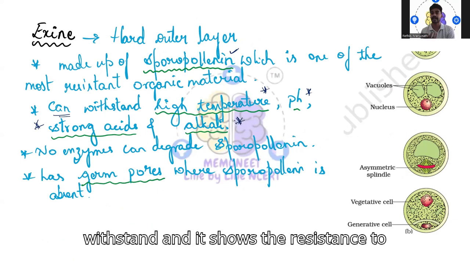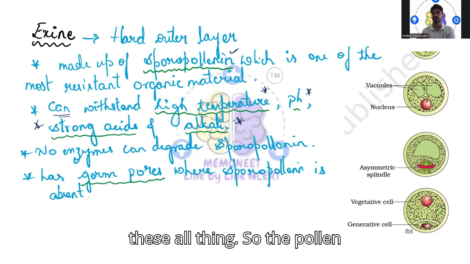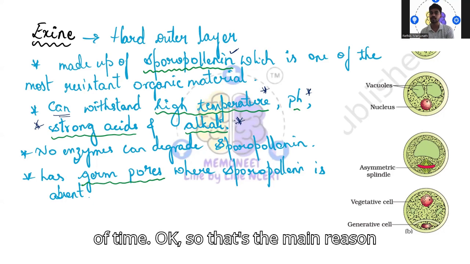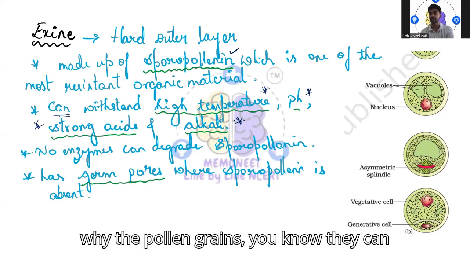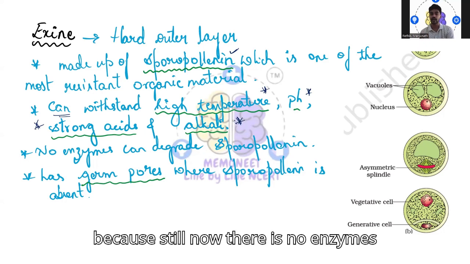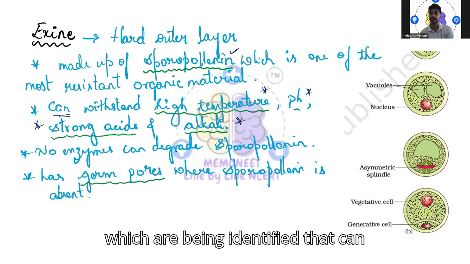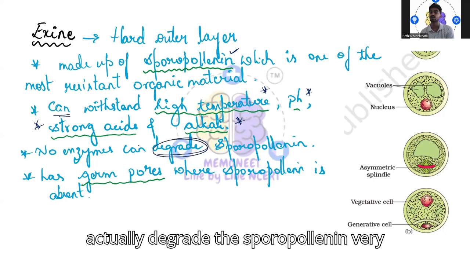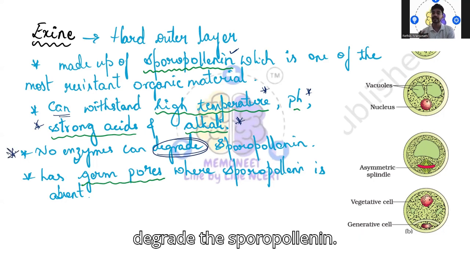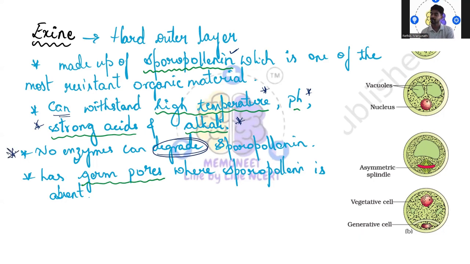Since it resists all these, the pollen grain can survive for a longer period of time. Still now, no enzymes have been identified that can degrade sporopollenin. Very important: no enzymes can degrade sporopollenin.